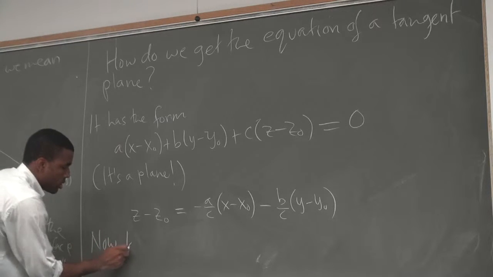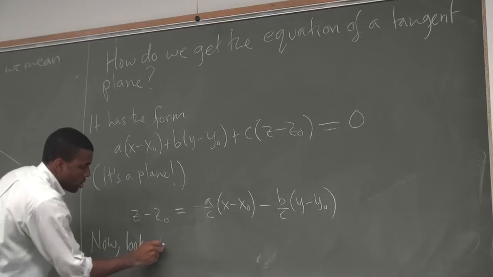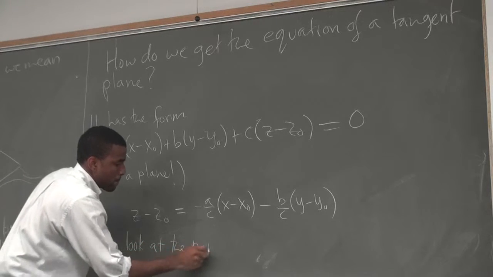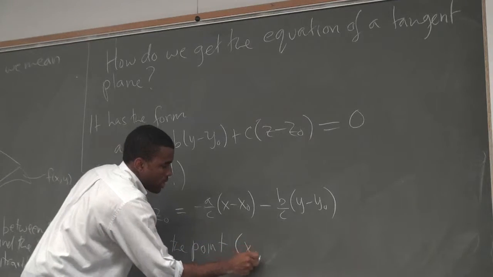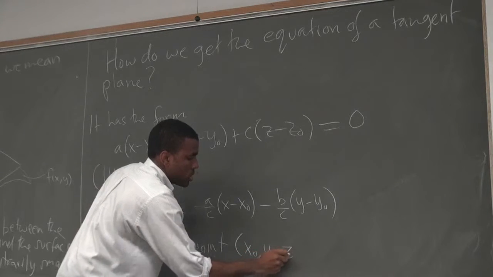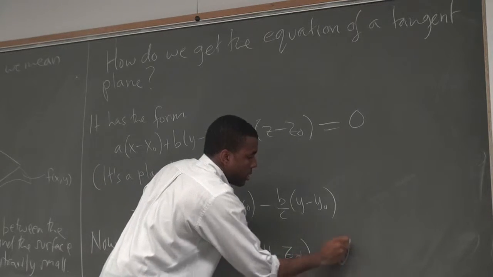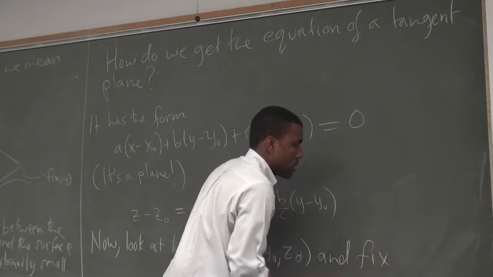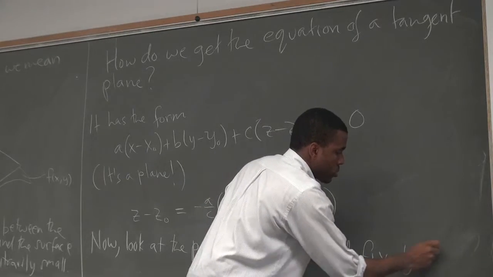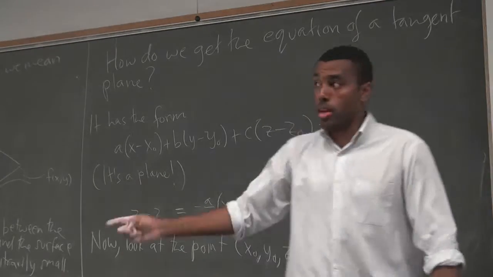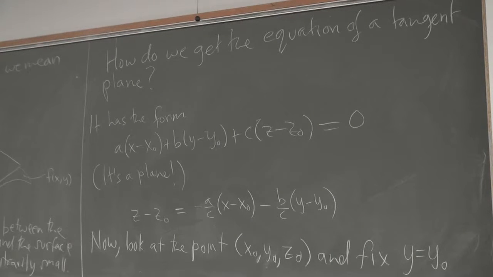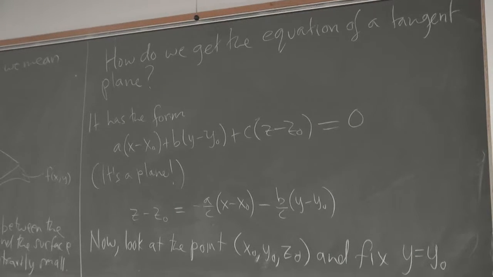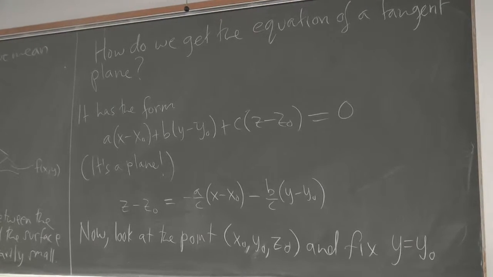Now, look at the point x0, y0, z0, and fix y equals y0, right? In other words, let y be a constant. What do we get if y is a constant, in particular that constant?